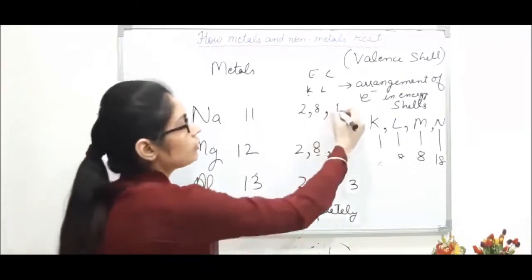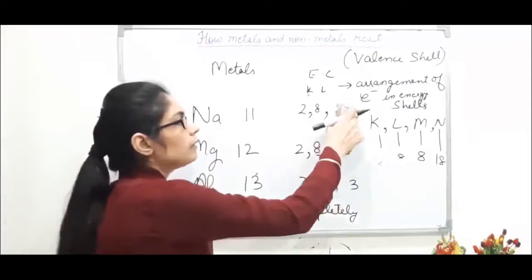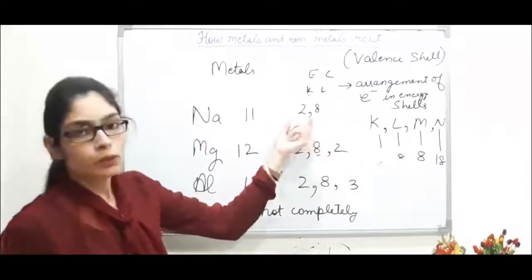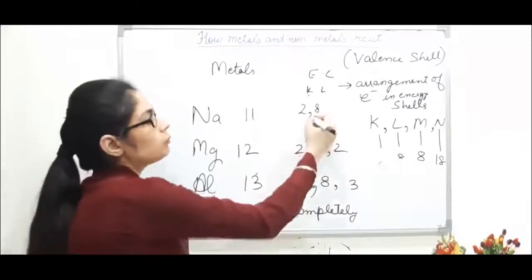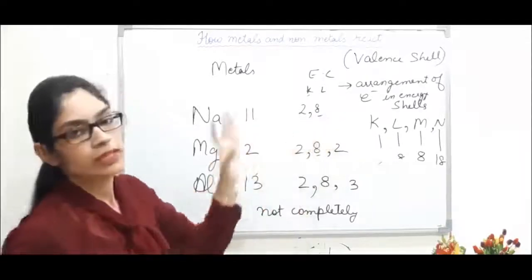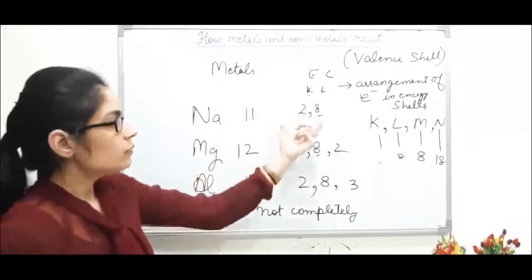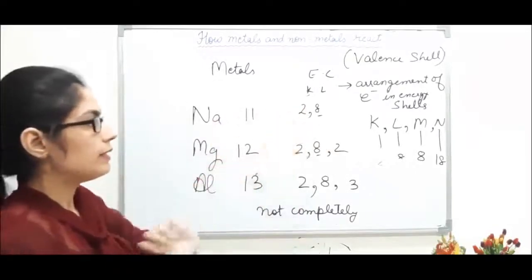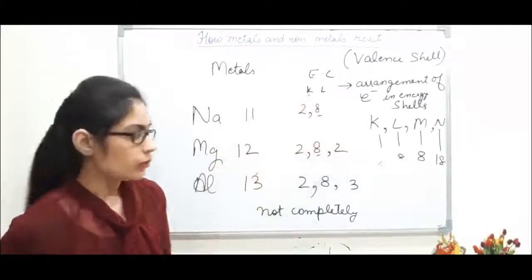So here 1 electron is there. But if sodium loses 1 electron, now it has only 2 shells, and this is the outermost shell. So here in outermost shell, now 8 electrons are there. So it has attained noble gas configuration, or it has attained stability after losing 1 electron.